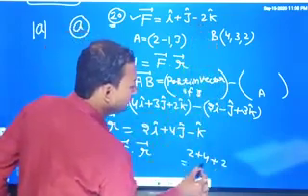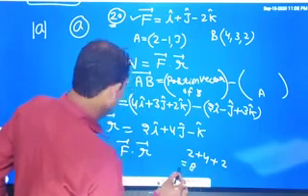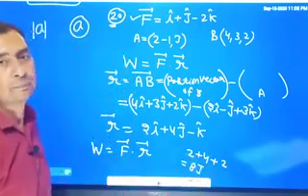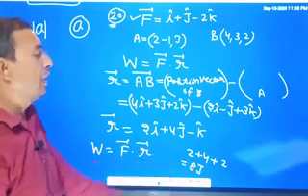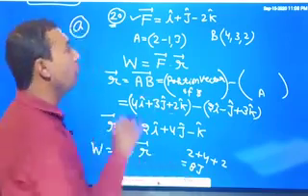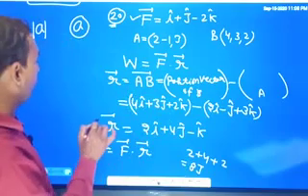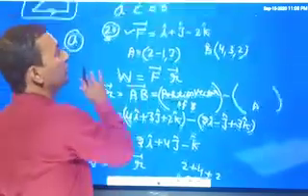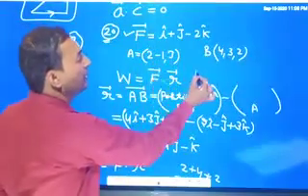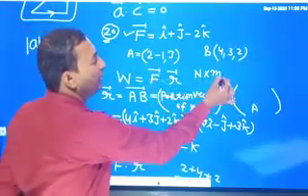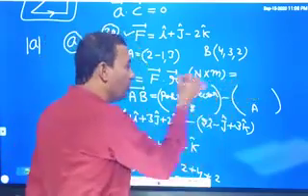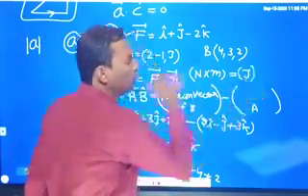Then this becomes 2 plus 4 plus 2, 8 joule. Okay, unit of work, yahan par unit likha hua hai, but unit of work is joule. Force multiply with displacement, Newton into meter. We read in dimension topic that Newton into meter becomes joule.